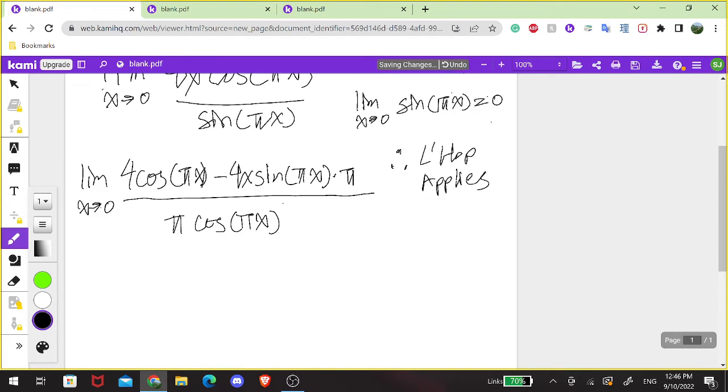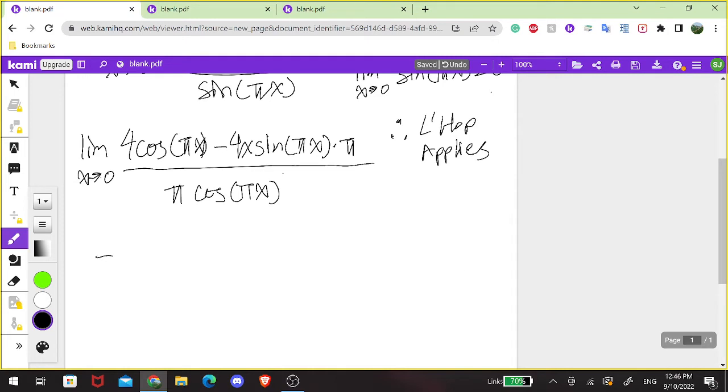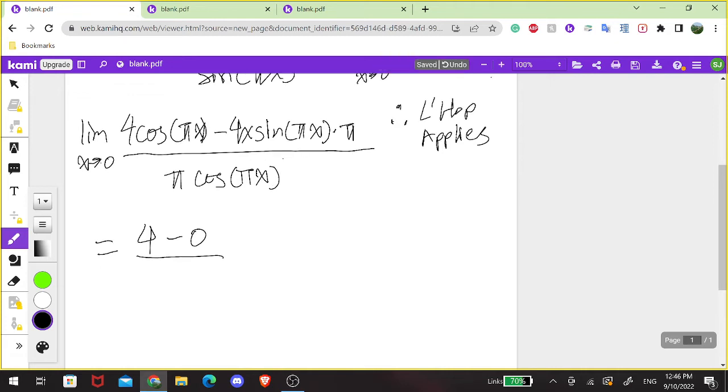On top it will be 4 times cosine of 0, which is just 4. So this is equal to 4 minus, you have the 0 here, so all of this will automatically become 0. Minus 0 over cosine of 0, which is 1. So 1 times pi is just pi. So your answer is going to be 4 over pi.